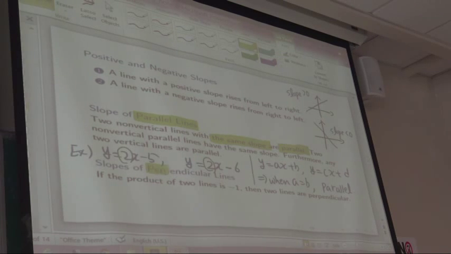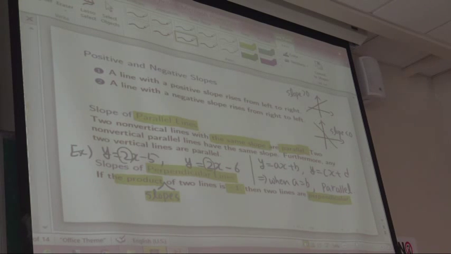For perpendicular lines, when the product of the slopes of two lines, well, actually there is a typo, is -1, then they are perpendicular.